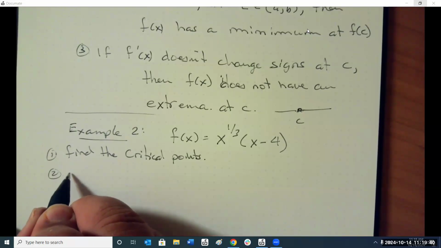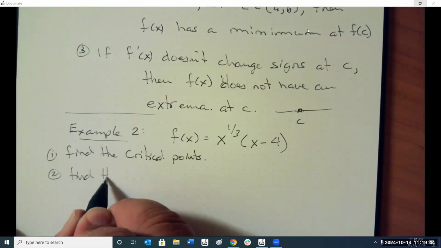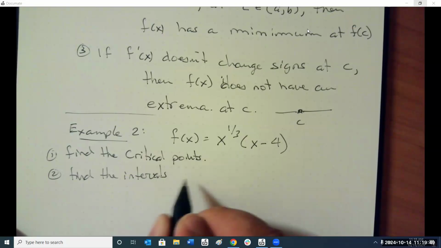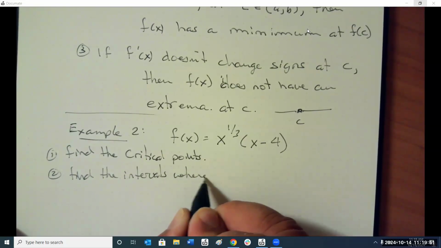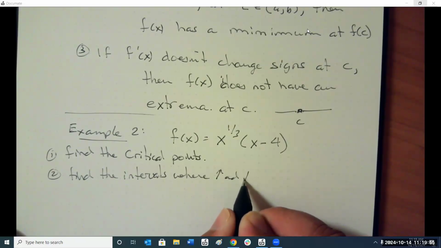And find the intervals where it's increasing and decreasing.